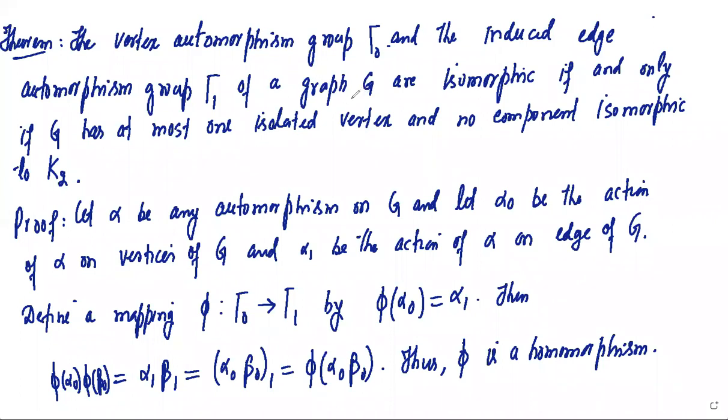We will show that the kernel of this homomorphism is the identity mapping. That means every non-trivial automorphism must be sent into a non-trivial automorphism of gamma 1.